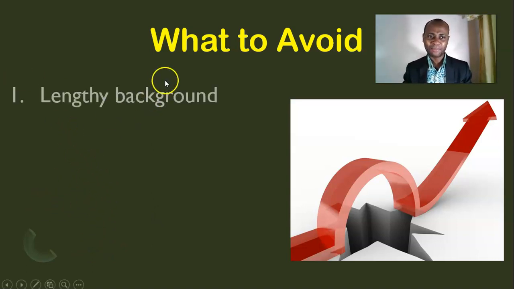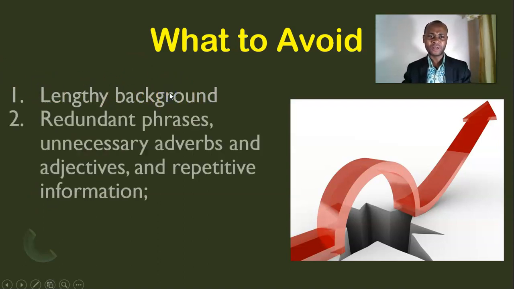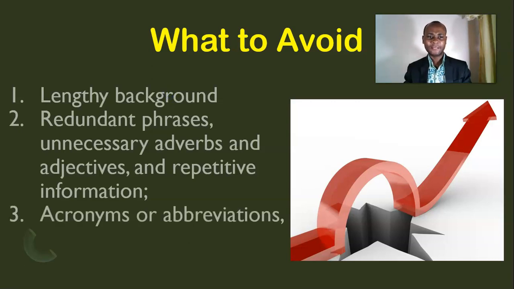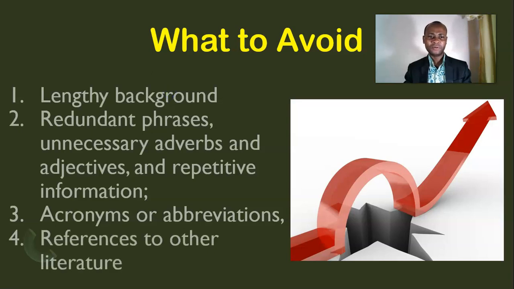Take note of what to avoid. Avoid lengthy background. Don't write a lengthy introduction in the abstract. Number 2, redundant phrases, unnecessary abstract adverbs and adjectives. Repetitive information, this is what you have to avoid. Don't repeat anything. And then avoid acronyms or abbreviations, and references to other literature.